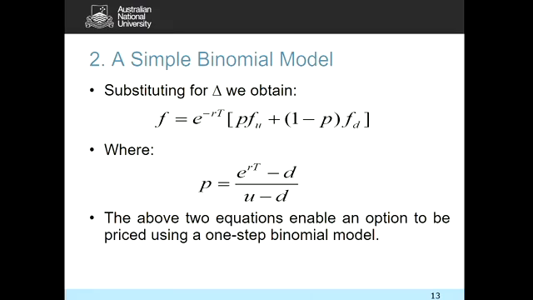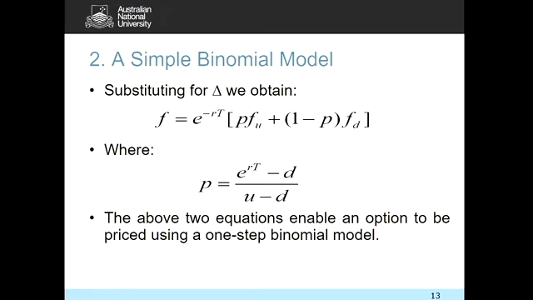This is equal to P. P is my probability, remember I had it up before, of moving up the tree. So that's my probability taken into account: my probability of moving up the tree multiplied by the payoff if I move up the tree, plus 1 minus P, my probability of moving down the tree, multiplied by the payoff if I move down the tree.